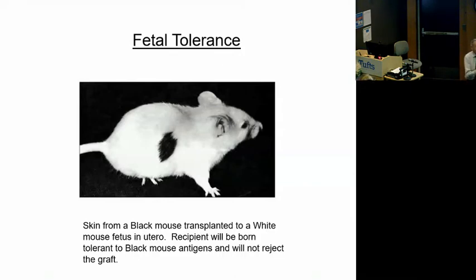The crux of fetal tolerance is that in fetuses, is that the word? Fetuses, tolerance is much more easy to form, you see? They're so amazing. On scans of the belly, you can find a child that is born with an atresia of the colon. The colon is basically a piece of string instead of being a tube.